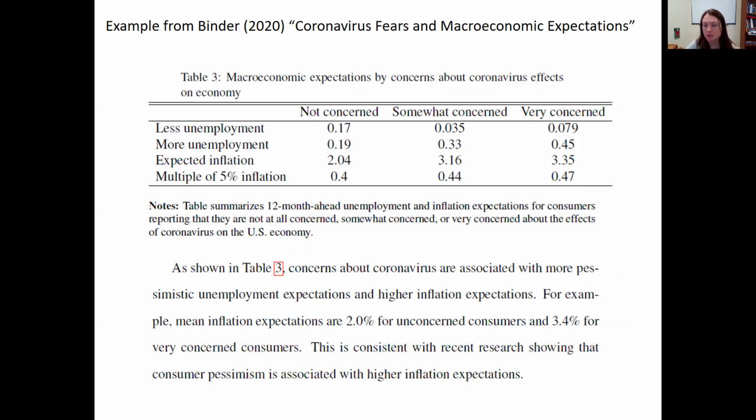So that's a summary of what's in the table. Then I'm going to point out some key numbers. For example, mean inflation expectations are 2% for unconcerned consumers and 3.4% for very concerned consumers. Then I'm going to contextualize that a bit. This is consistent with recent research showing that consumer pessimism is associated with higher inflation expectations.